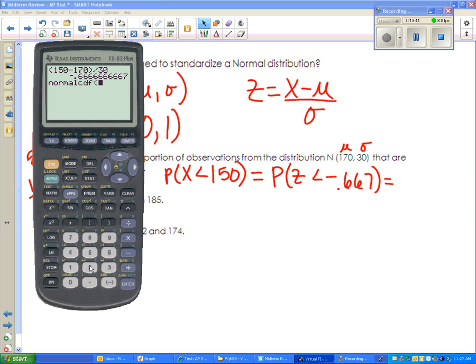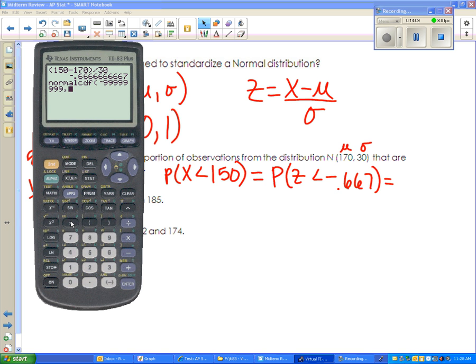Now that I have standardized my random variable, I'm looking for all the values that are less than negative 0.6667. I can't type in negative infinity as my lower bound, so I'll type in negative 99999. I want to be careful about rounding, because if I type in negative 0.67 or 0.667, I'll get a slightly different value.